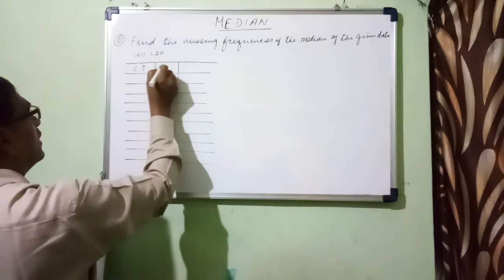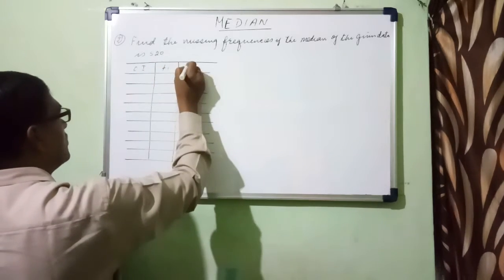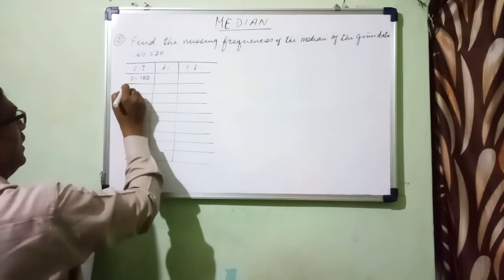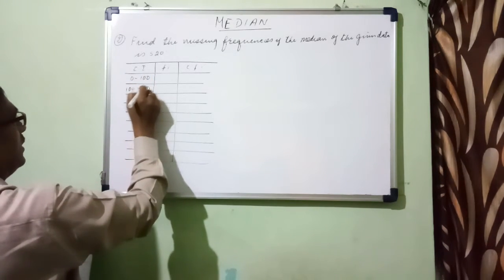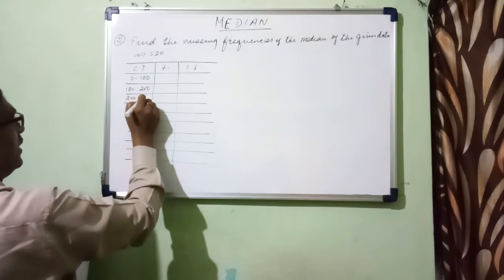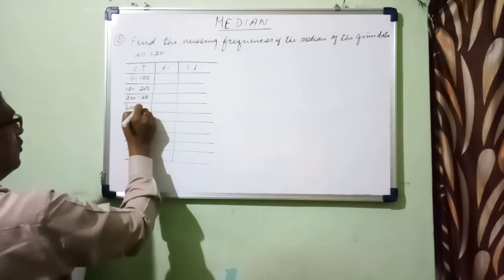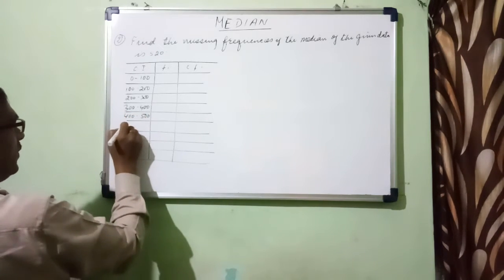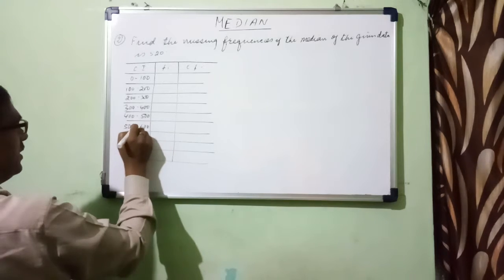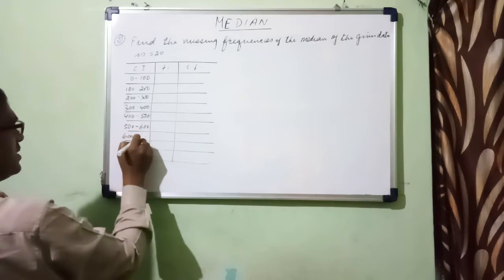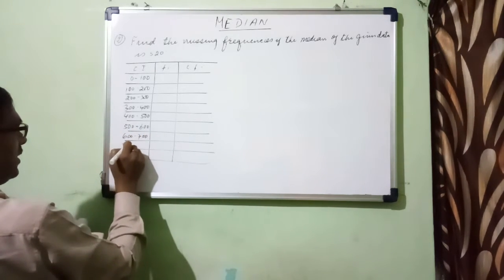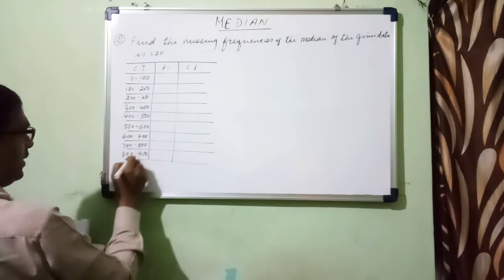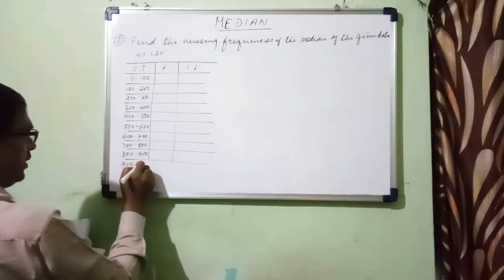This is CI, this is FI, and this will be CF. CI is 0 to 100, 100 to 200, 200 to 300, 300 to 400, 400 to 500, 500 to 600, 600 to 700, 700 to 800, 800 to 900, 900 to 1000.